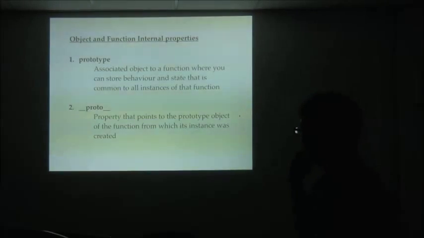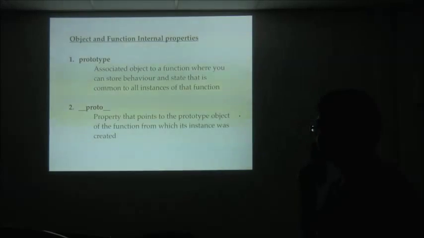So in order to understand more about this model, you need to know a few internal properties like prototype and proto. So prototype, from my earlier slide where you got an introduction, is an associated object with any function, where you would store behavior and state that is common to all instances that you would instantiate.